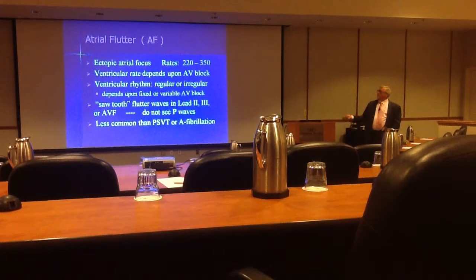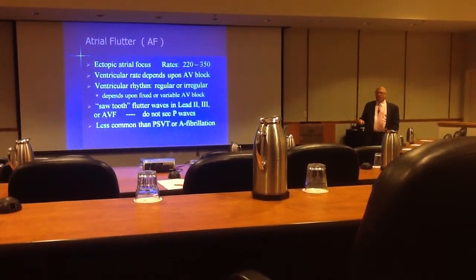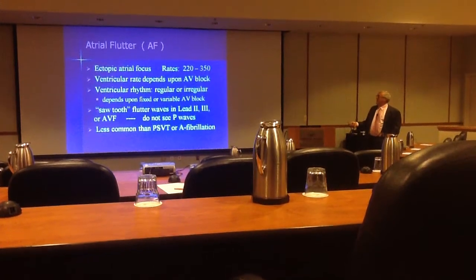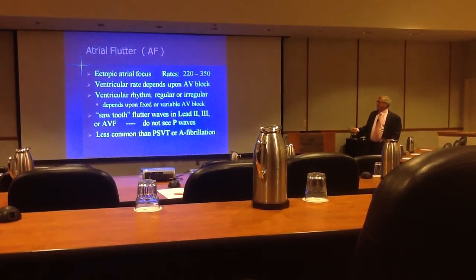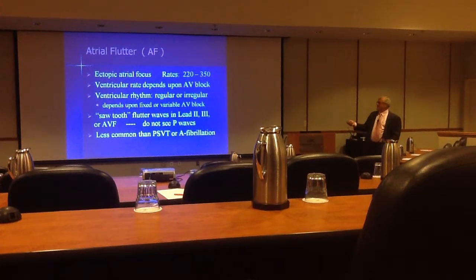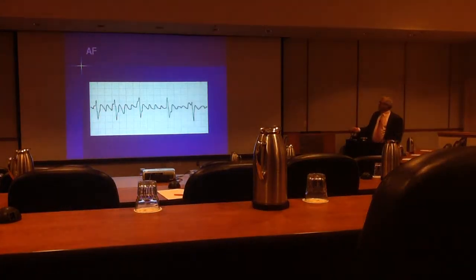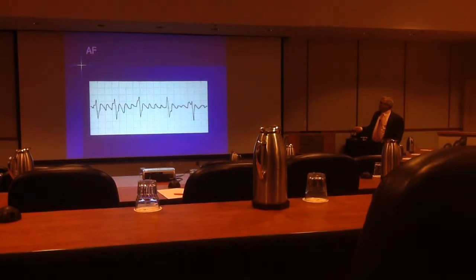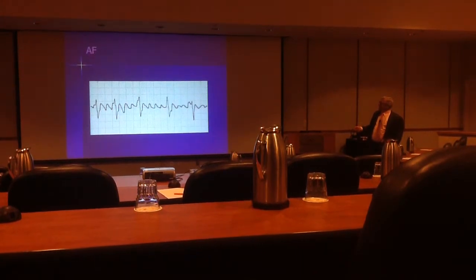Now with atrial flutter, we don't see P waves, but we're going to see what we call flutter waves. And it's going to be a sawtooth appearance, especially in lead 2. All right? And it's a diseased heart. You don't see atrial flutter in a healthy person. So you look at this, and in this case, the rhythm is regular, but you see these squiggly lines here that, if you use your imagination, kind of look like a saw blade.